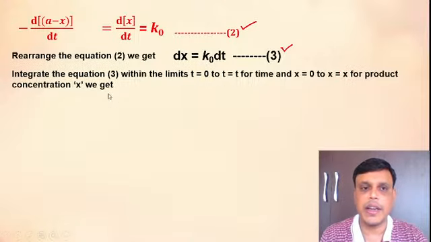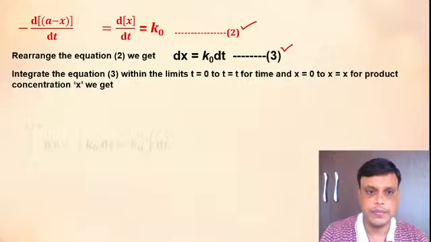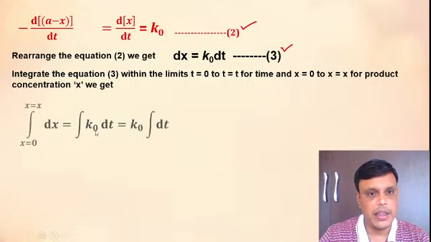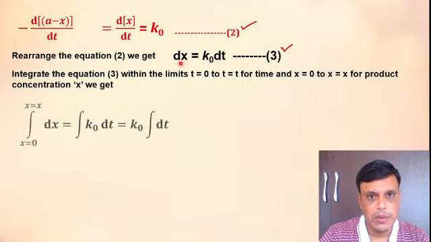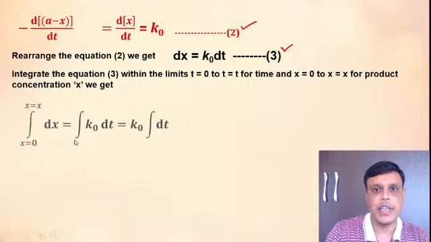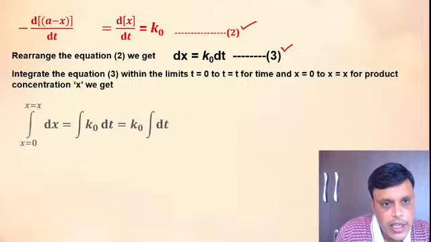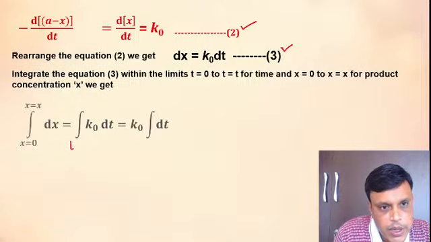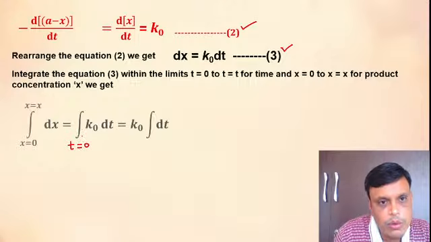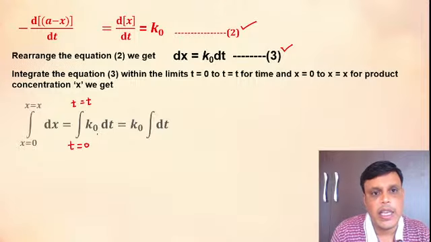After integrating the equation, we will integrate this equation within the limit. So integration of dx, x is equal to 0 to x is equal to x, equals integration with respect to time, t is equal to 0 to t is equal to t, K0 into dt.